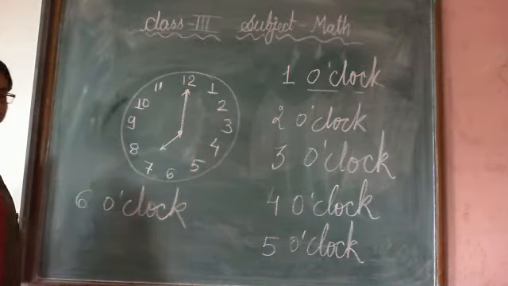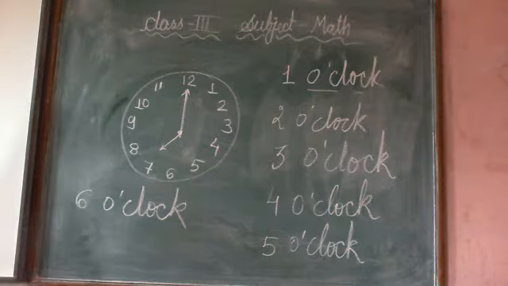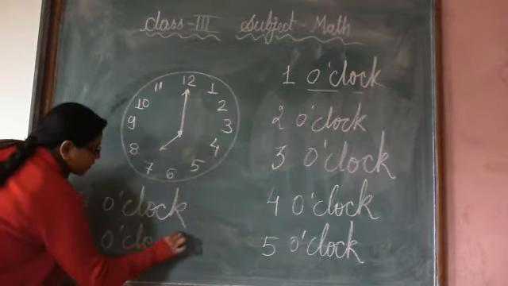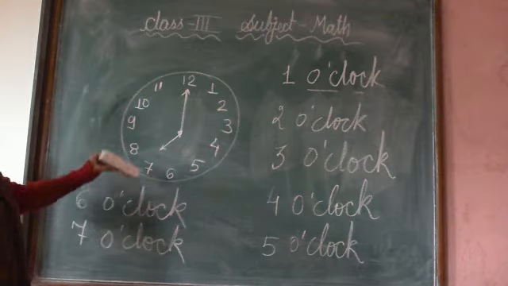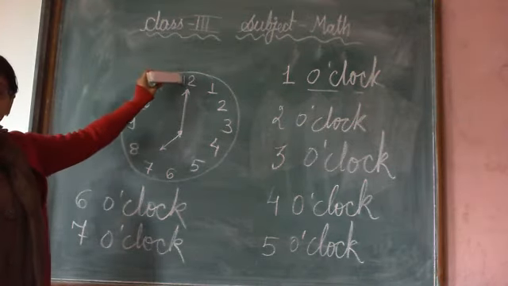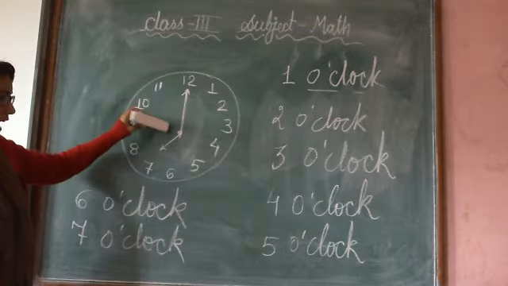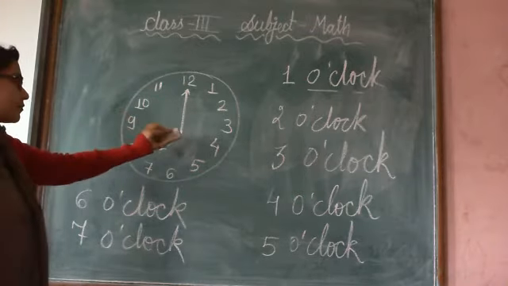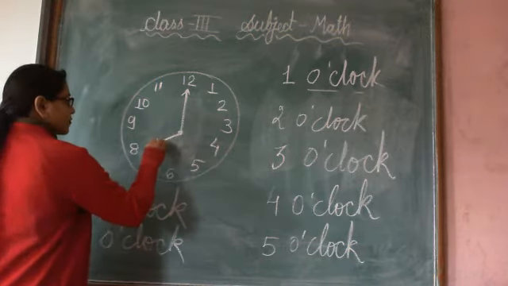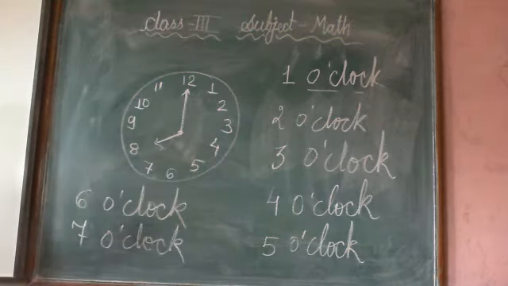Now tell the time. Read the clock. What will the time be? Very good. The time will be 7 o'clock. How? Because the hour hand is at 7 and the minute hand is at 12. So the time will be 7 o'clock. Now the time will be 8 o'clock.